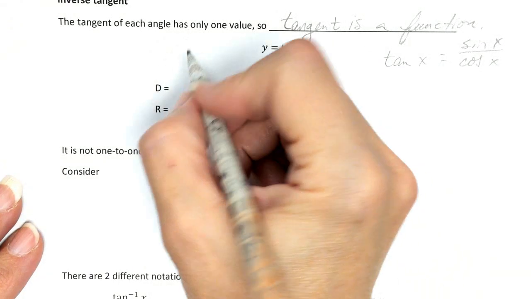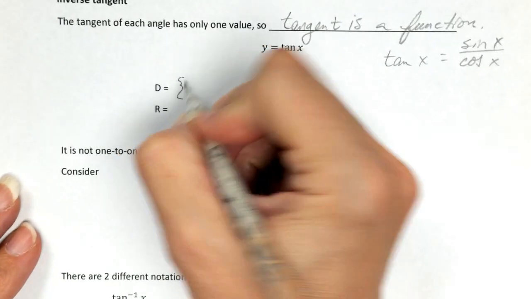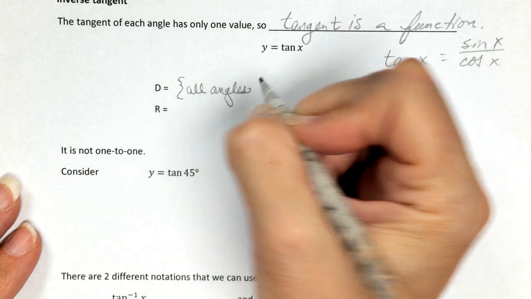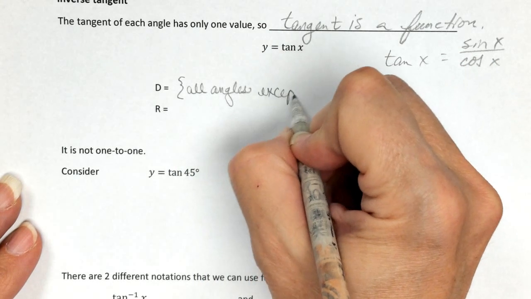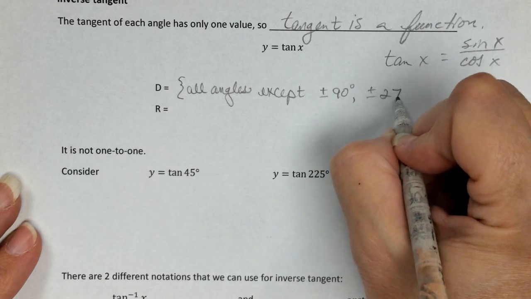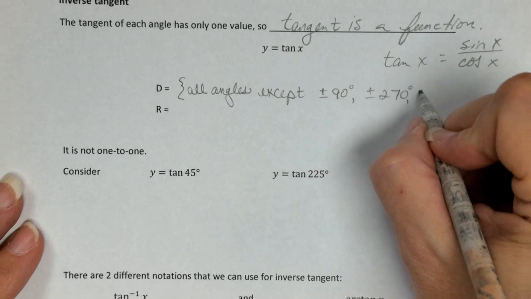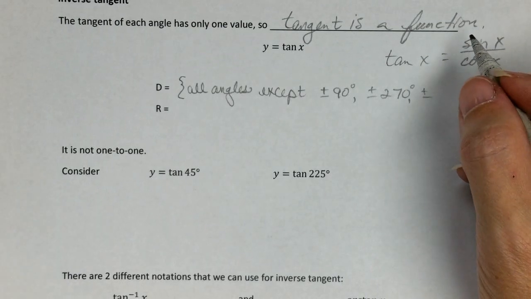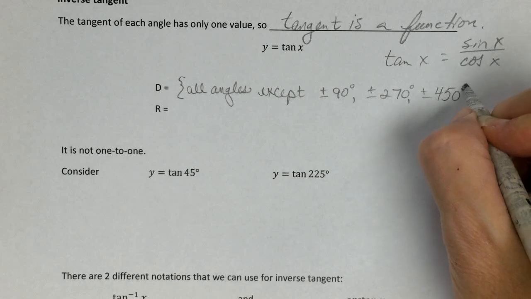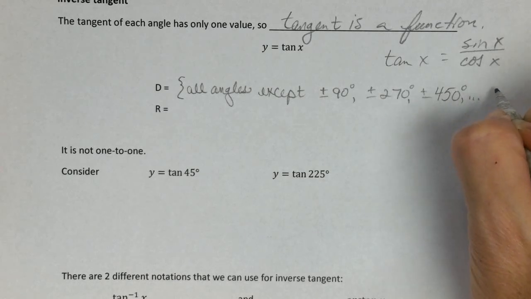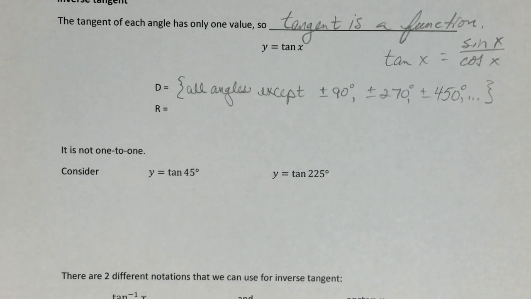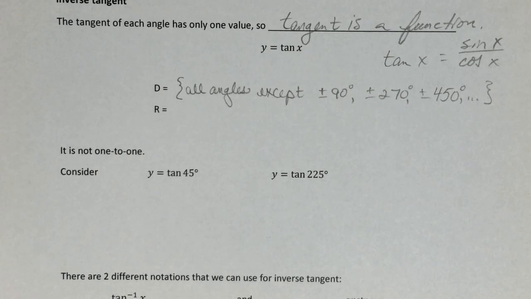Okay, so all angles except positive or negative 90, positive or negative 270. Keep adding 360 to those. Positive or negative 450. I think that might be enough. There would be a concise way of doing that, but this is sufficient for now. We'll get into that more whenever we're graphing that much later.